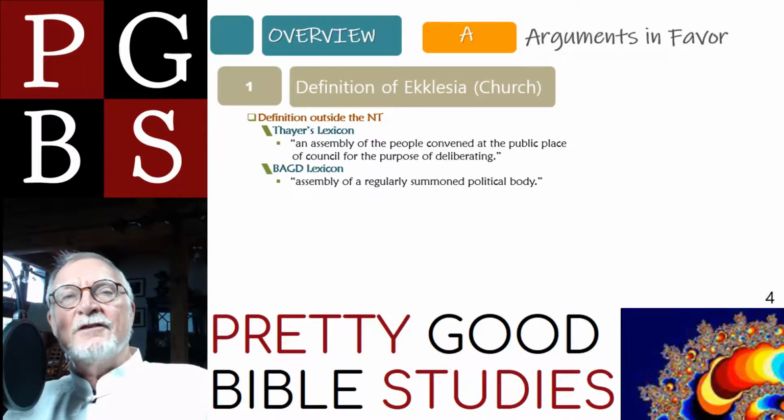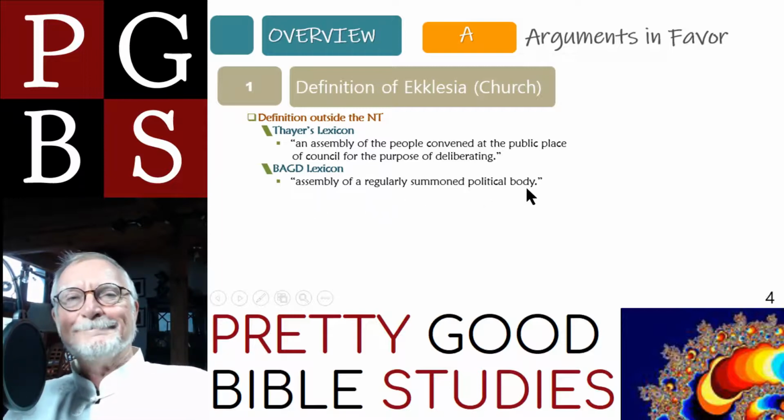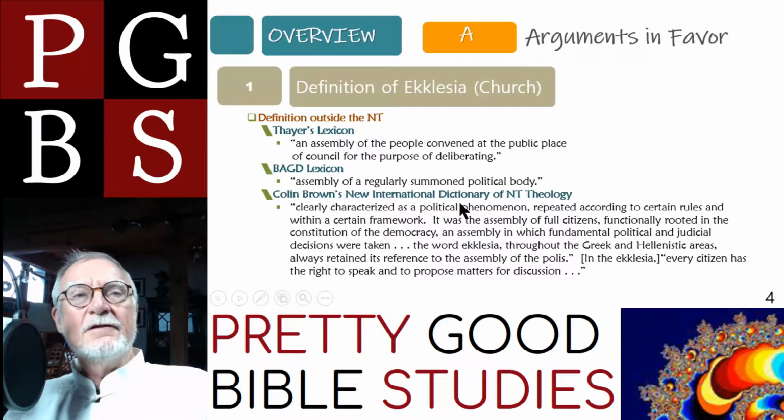Lexicon says that, of course, the famous Greek lexicon, very authoritative Greek lexicon that everybody uses, says that ekklesia is an assembly of a regularly summoned political body. The assembly of a regularly summoned political body. So it's a political term, ekklesia is. Then we look at Colin Brown's New International Dictionary of New Testament Theology.